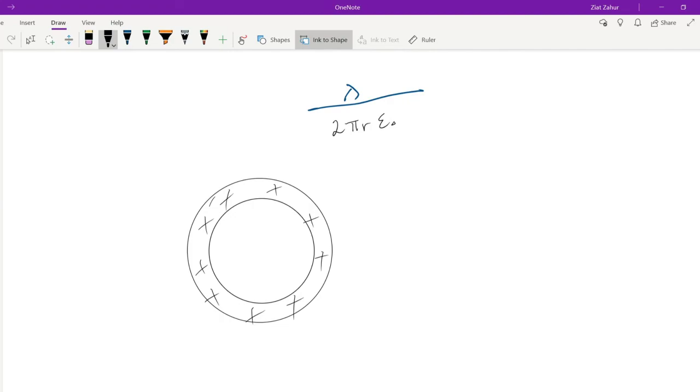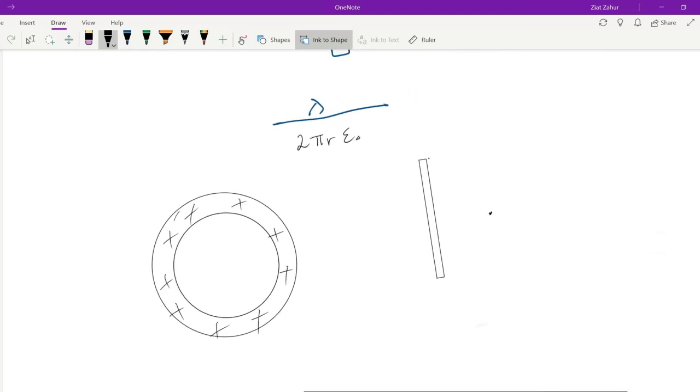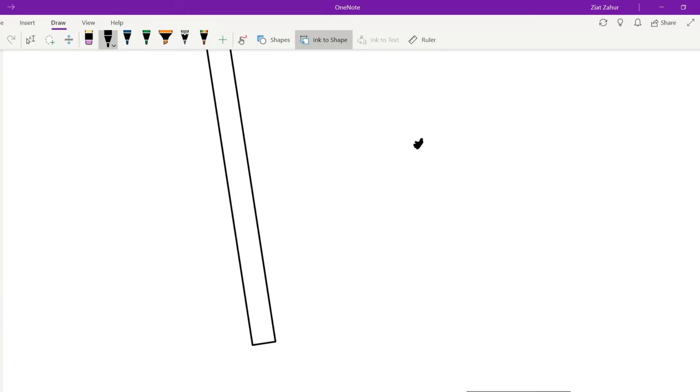Now, if you have a rod and somehow you want to know the electric field at a point, but on that point you have a charged particle, that charged particle obviously is going to dominate, and then you have infinite electric field. Whoa, my infinity turned into a hexagon. You have infinite electric field if you're directly at the inside of a charge. If you're inside a charge, it's kind of meaningless to talk about electric field at that point.